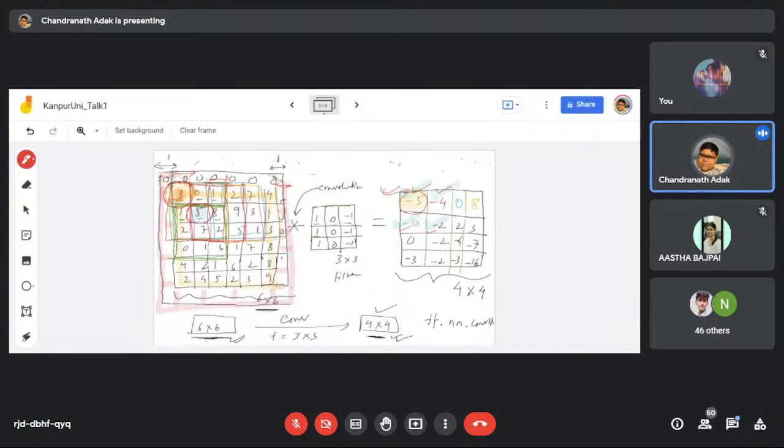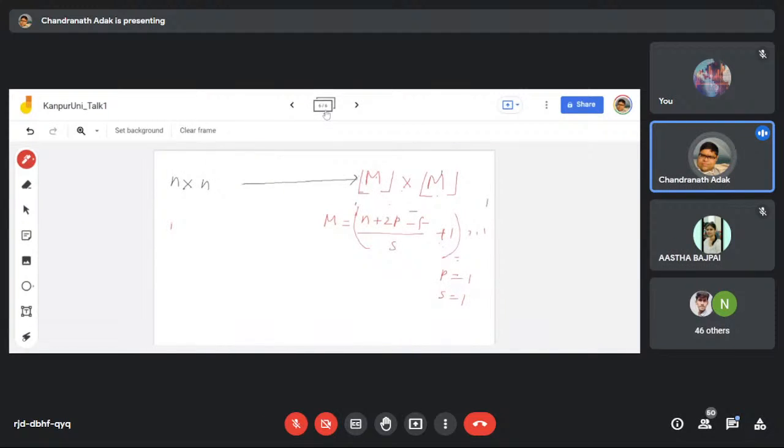That is your stride. Here f equal to 3, since the filter is 3 cross 3, and n was 6. So m will be 6 plus 2 into 1 minus 3, by s which was 1, plus 1.